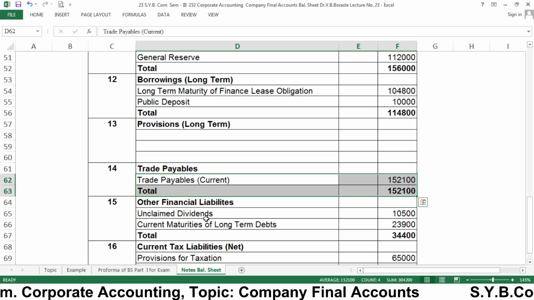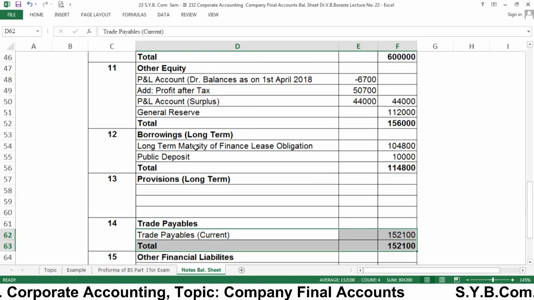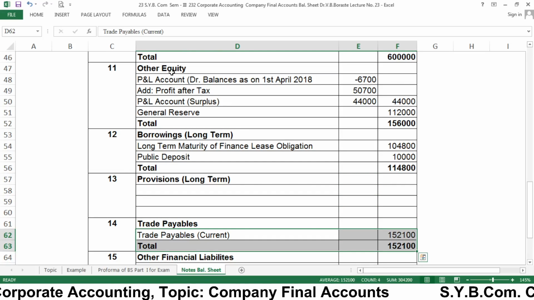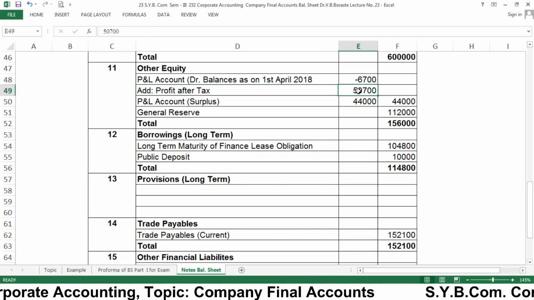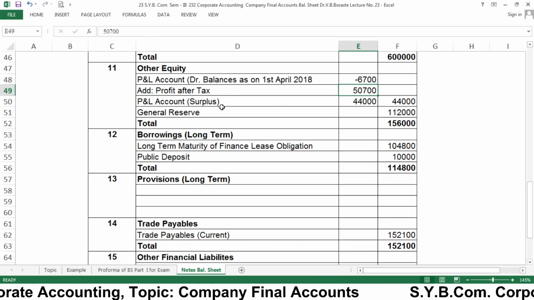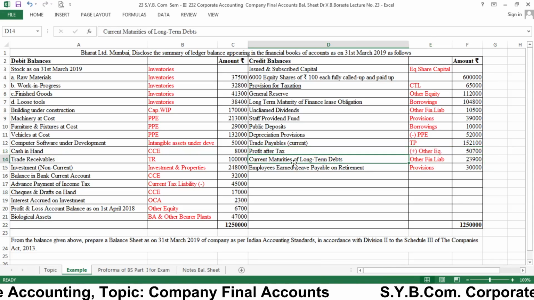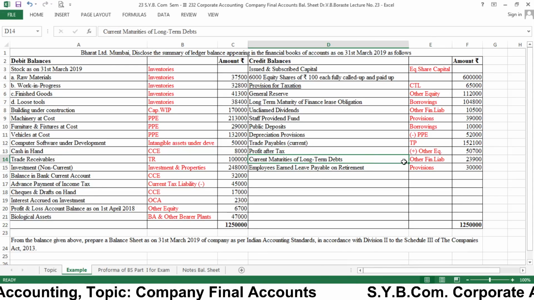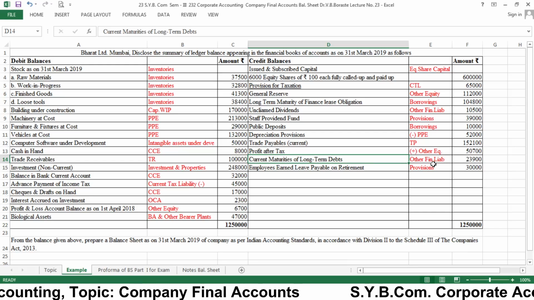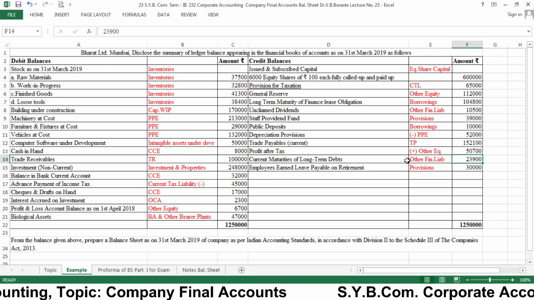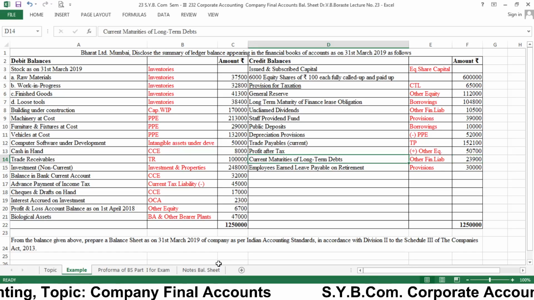So in the other equity notes, there is a profit after tax of rupees 50,700, which we have to add. After that, we have one liability, that is current maturity of long-term debts. It has to be recorded in other financial liability, that is 23,900, which we have already recorded.